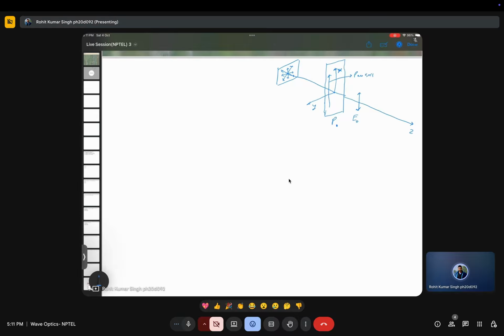Then if you have another polarizer which is rotated like this, its pass axis is now making an angle theta with the pass axis of P1. So this is P2.